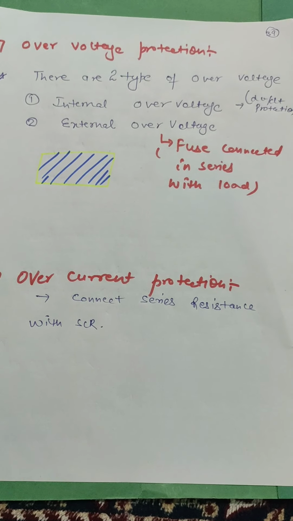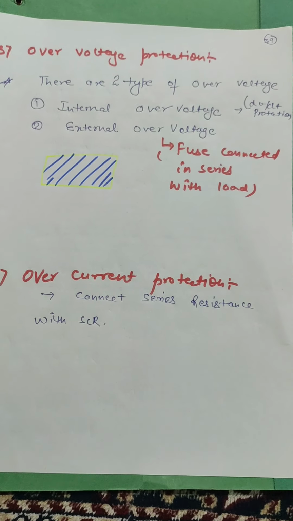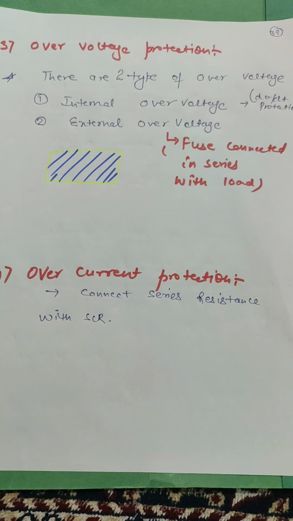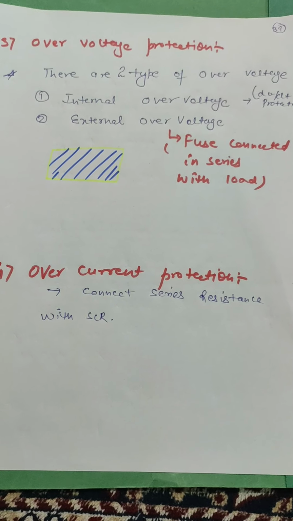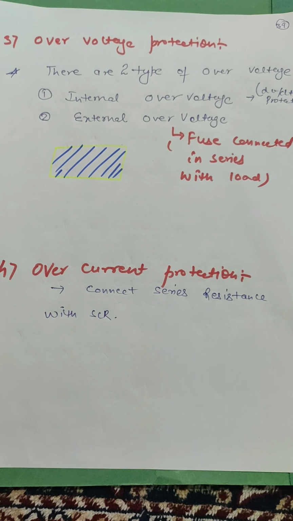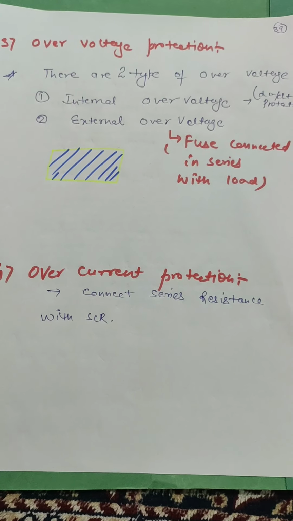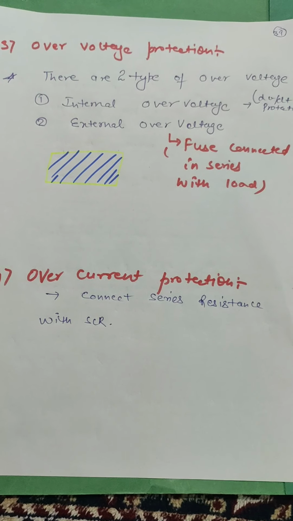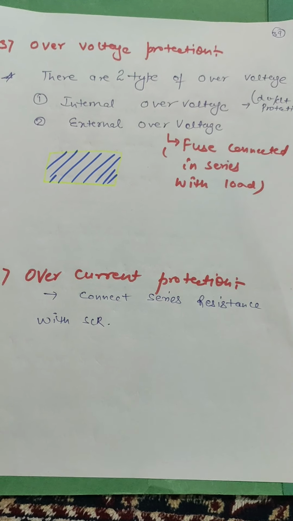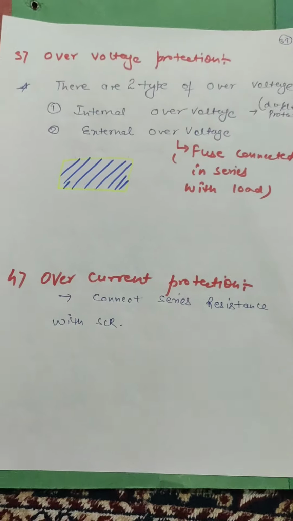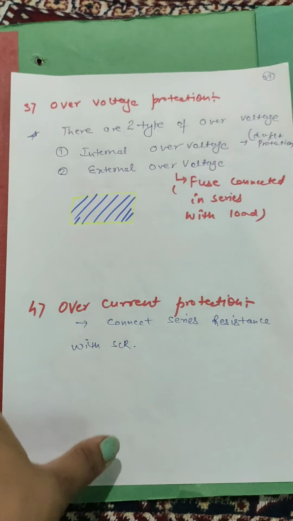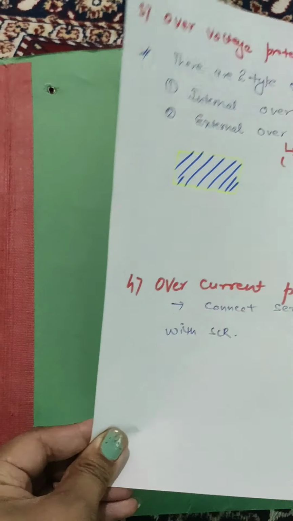Fuse is used to protect from the external over voltage. Overcurrent protection is basically done by a series resistance connected with SCR. So we can protect the SCR from over voltage.